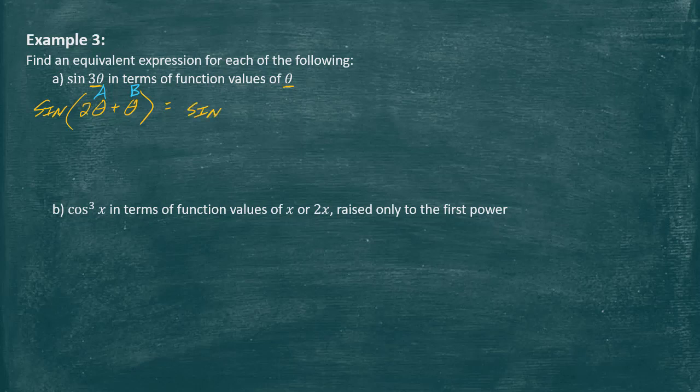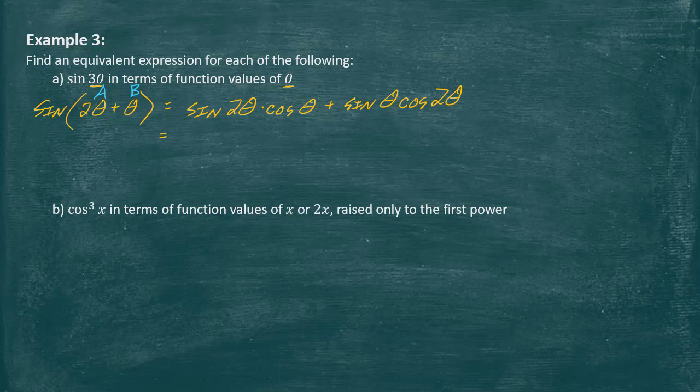So this would be sine of 2 theta times cosine of 1 theta added with sine of 1 theta times cosine of 2 theta. Again, that's just using the sine sum formula from our identity sheet or our reference page.